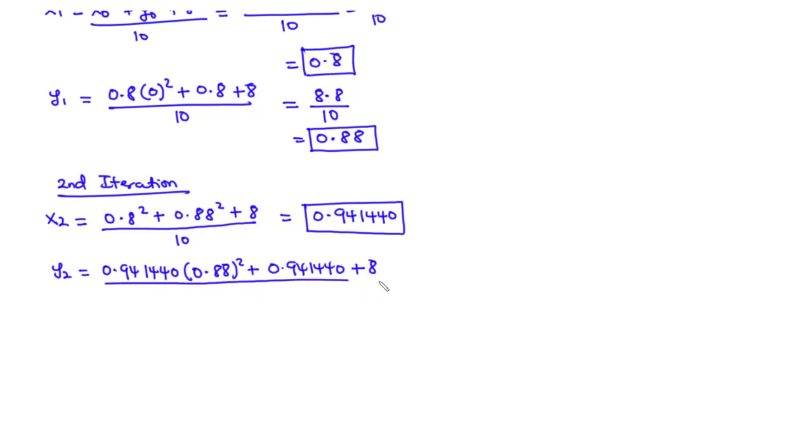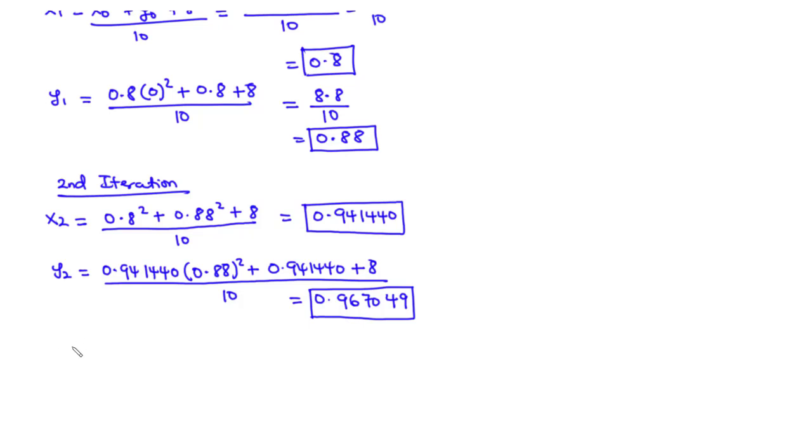We have this all divided by 10. When you compute this, you are going to have 0.967049. Now notice that for the first iteration step, you can put this value in 6 significant figures. That is, you can add 5 zeros here and then 4 zeros here.